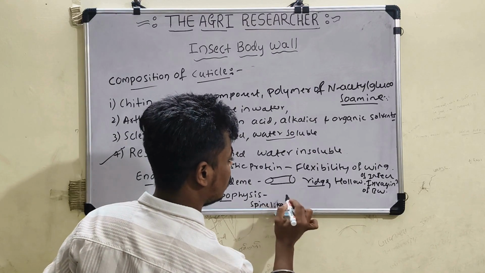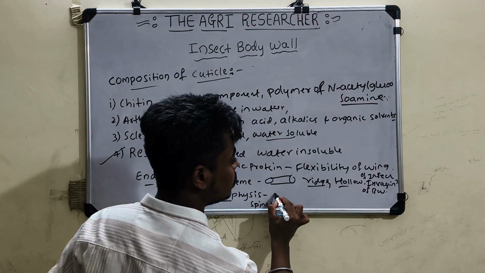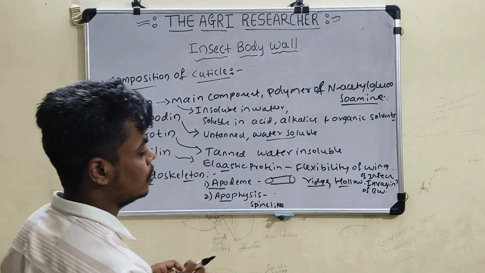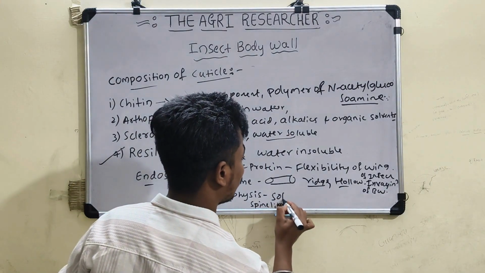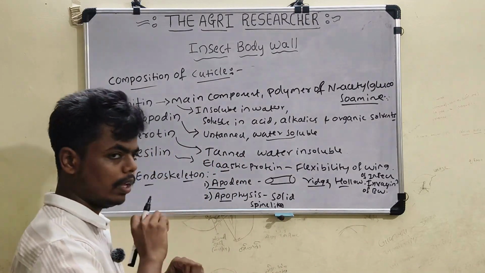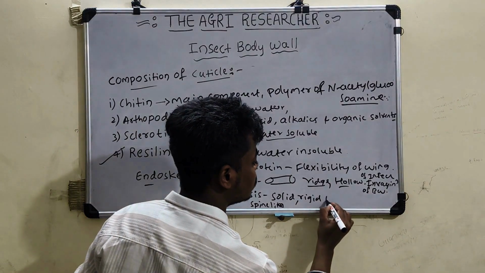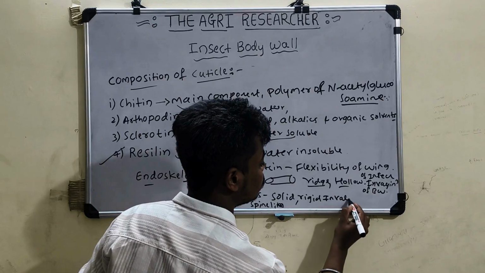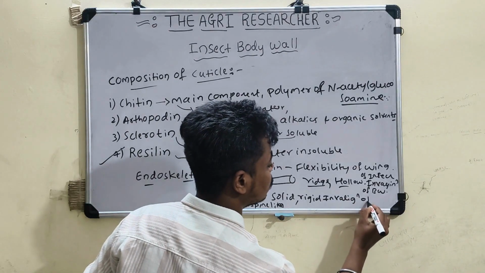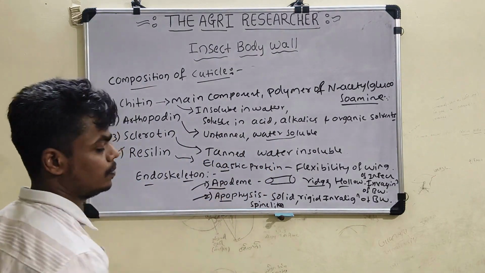And the apophysis is a solid invagination of the body wall. Solid means no space is there inside. It is fully rigid. Solid means rigid invagination of the body wall. These two are very important.